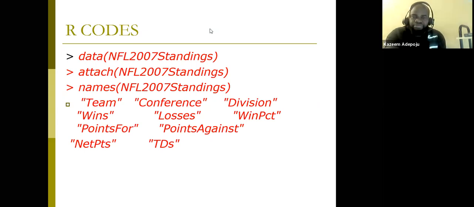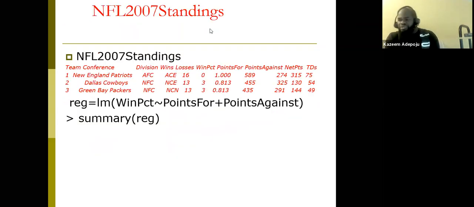What I'm trying to show you right now is more or less the data layout. Right now I'm only showing three teams: the New England Patriots, Dallas Cowboys, and Green Bay Packers, and I'm showing that over some variables. There are more than that. I just decided to show the first three teams.